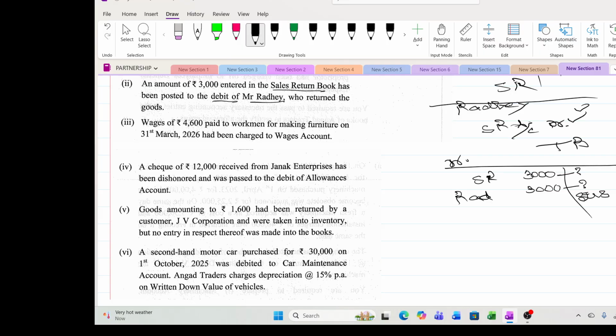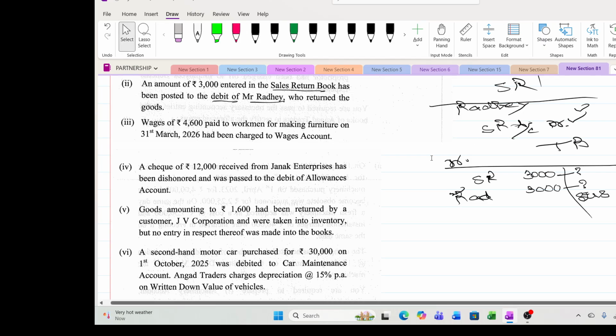Now we have to correct it. How we have to correct it? Suspense account, we have to remove this from here. In order to remove in accounts, we have to debit. Suspense account has to be debited for 6,000 rupees. And who is to be credited? Radhe for double amount, because one is to nullify the debit which has already been done and one is the correct entry.